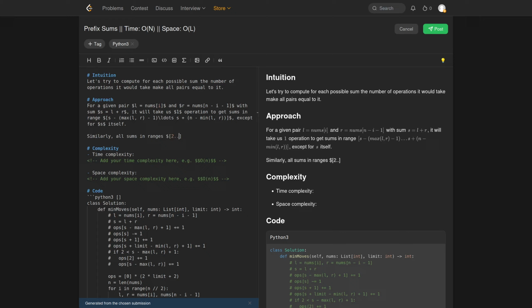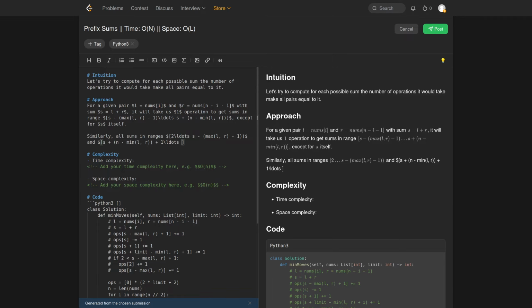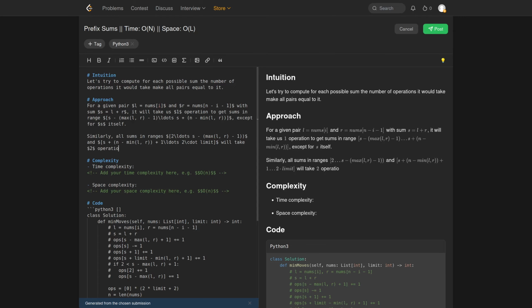Ranges to L... operations to achieve for the given pair.